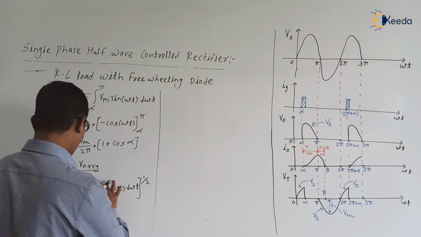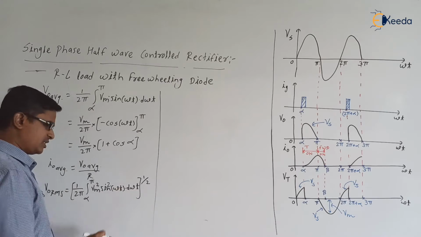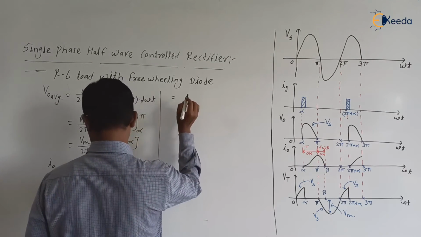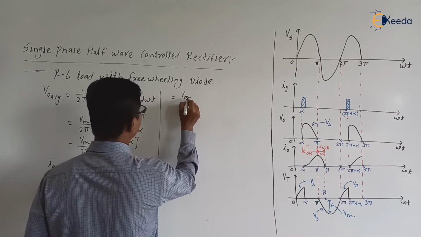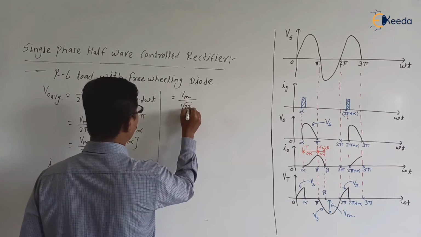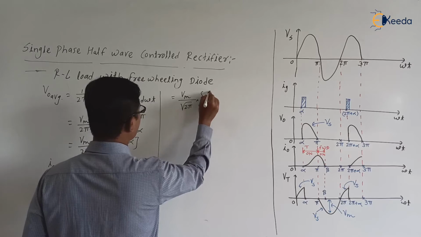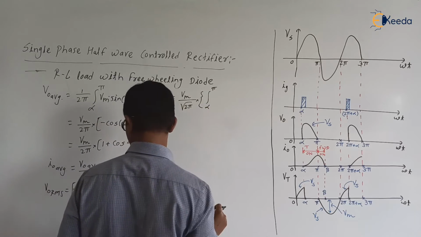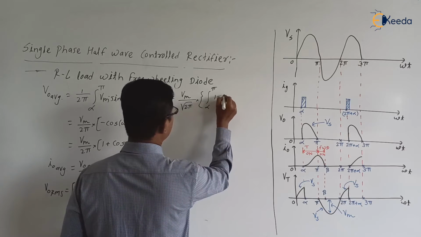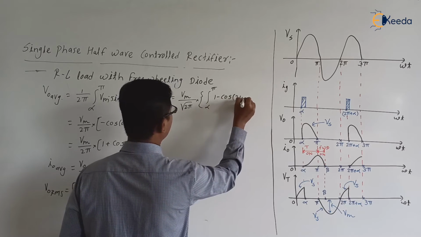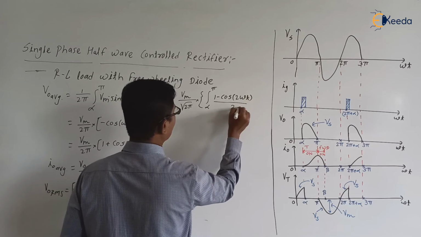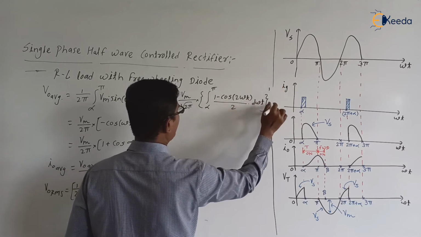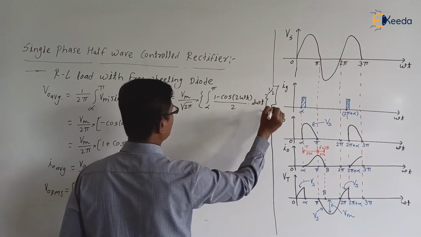Also, sine square of omega t is equal to 1 minus cos of 2 omega t divided by 2. Therefore V0 RMS is equal to Vm upon root 2 pi into the integration from alpha to pi of 1 minus cos of 2 omega t divided by 2 d omega t, to the power 1 by 2.